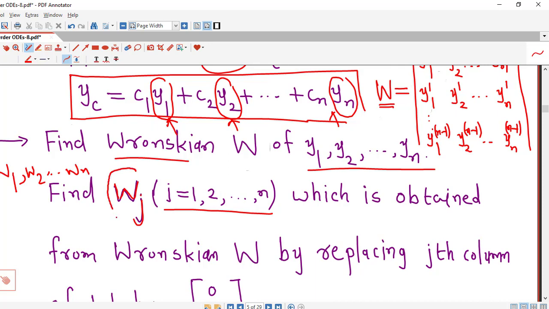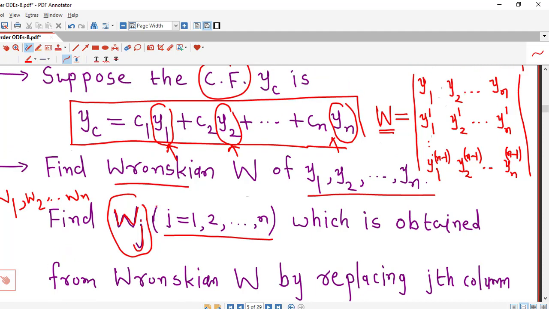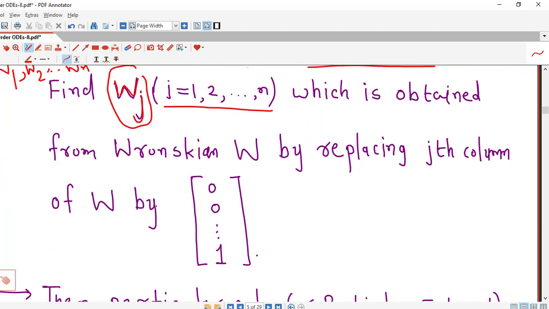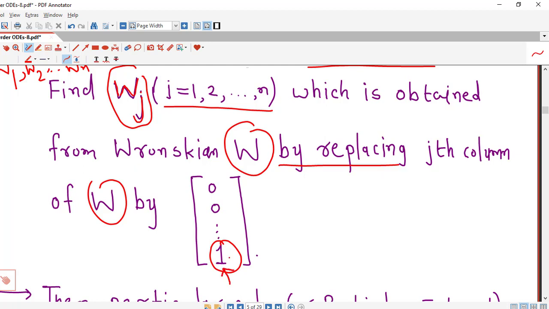Now how is wj defined? wj is the determinant obtained from the Wronskian w by replacing the jth column of w by the column 0, 0, 0 and the last entry is 1. All the entries are 0 except the last entry, which we consider as 1.